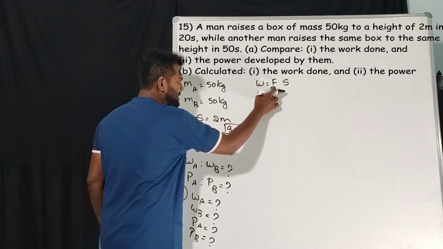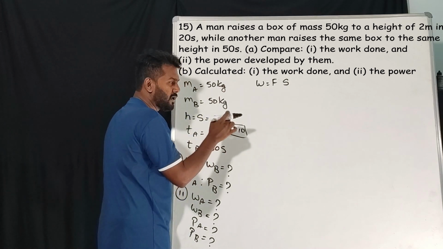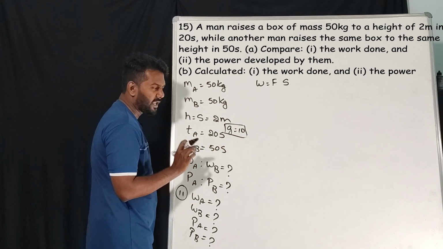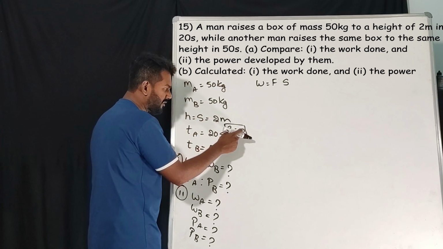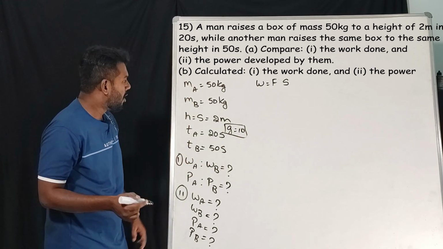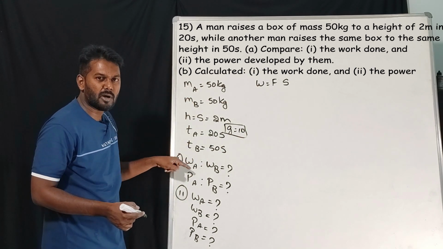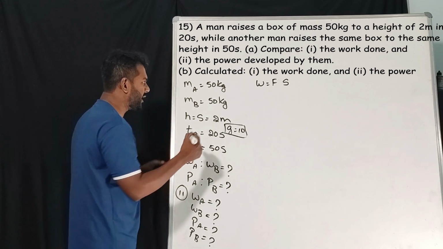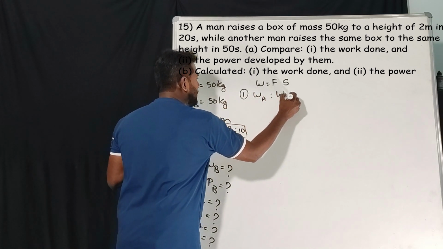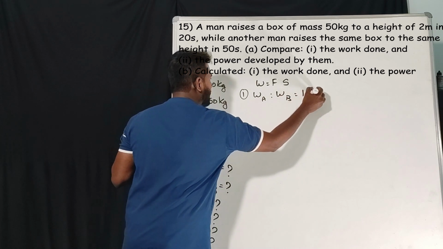So if mass is the same and displacement is the same, then how can we find force? Mass into gravity, that is also 10. So mass is the same, gravity value is the same, and displacement is the same. Then work done by A and work done by B are both the same, correct? So work done by A is to work done by B will be equal to 1 is to 1.